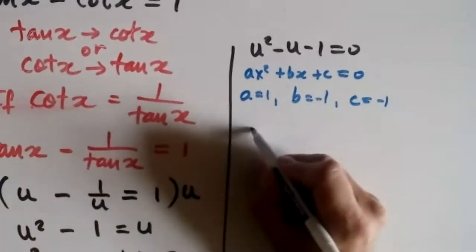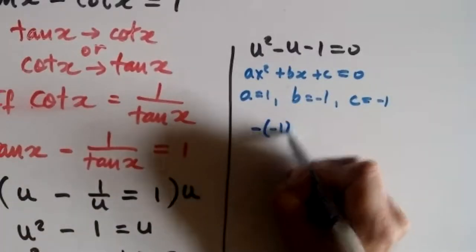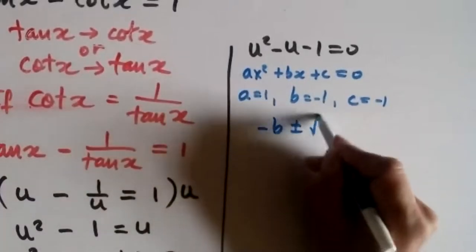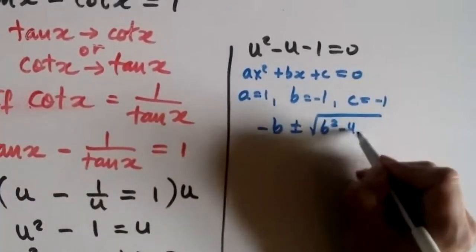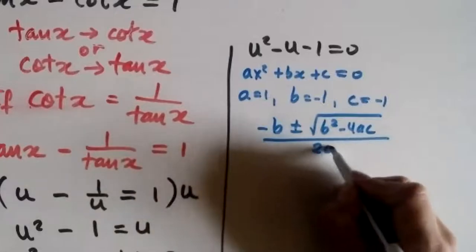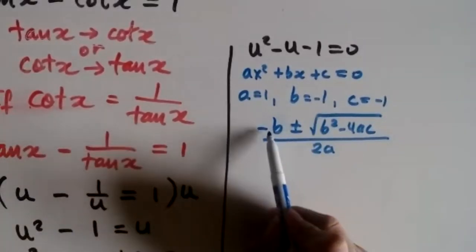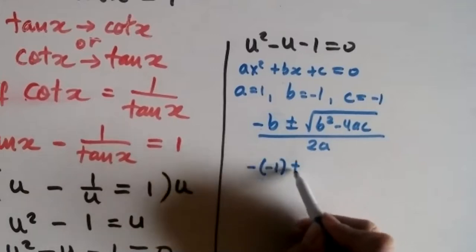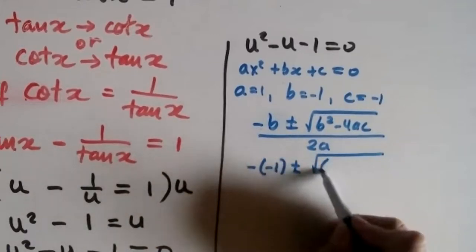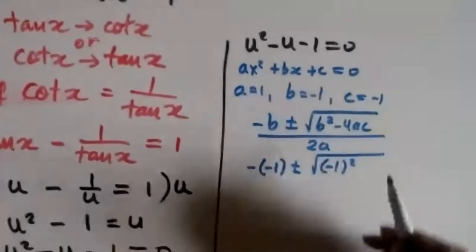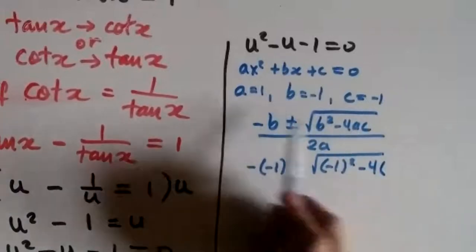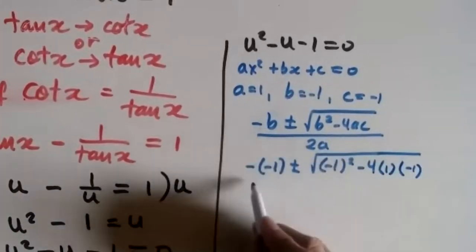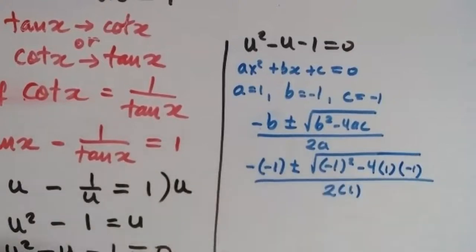So using the quadratic formula, negative b plus or minus the square root of b squared minus 4ac, over 2a. This is my quadratic formula. So I have to put the negative of this number: negative of -1 plus or minus the square root of -1 squared minus 4 times a, that's 1, times -1, that's c, over 2 times 1.